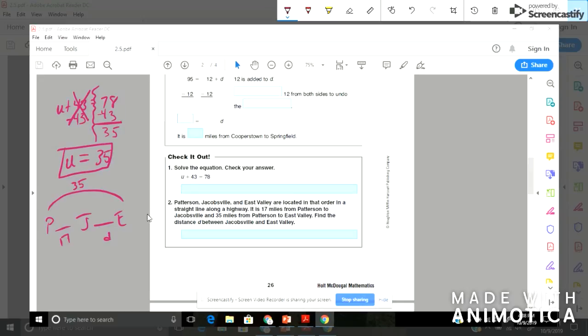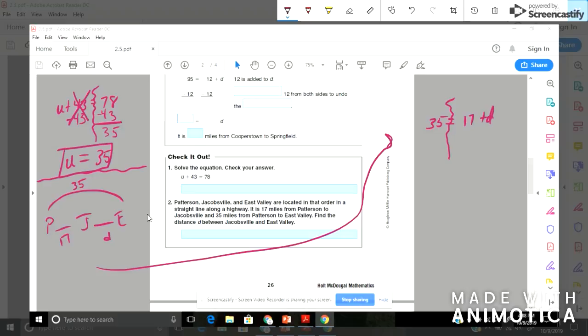Let's set it up like we did our last problem. So I had started with my total, which was 35 miles total. That equaled my next two added together. So that was 17 plus D. Okay. Well, I'll split my equation in half here.